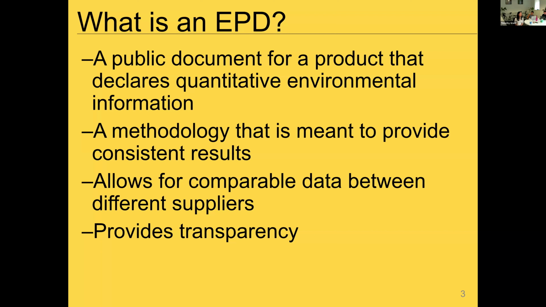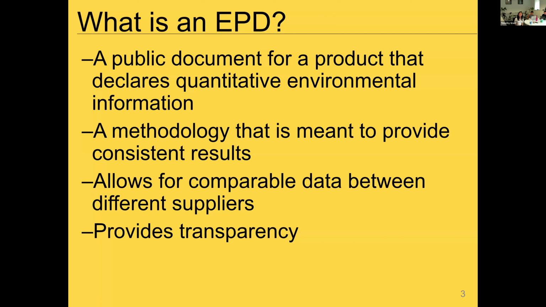So if different people are doing the LCA and the EPD, the results they generate using those rules should be pretty similar. And this allows for data between different suppliers of the same product to be comparable. So if I'm selling shrimps and ITA is also selling shrimps and we both make EPDs, a consumer can go and look at them both and see what the difference is between our environmental data.